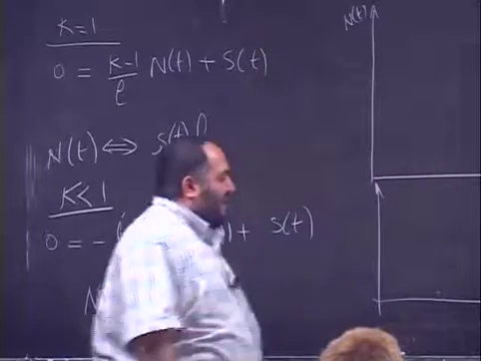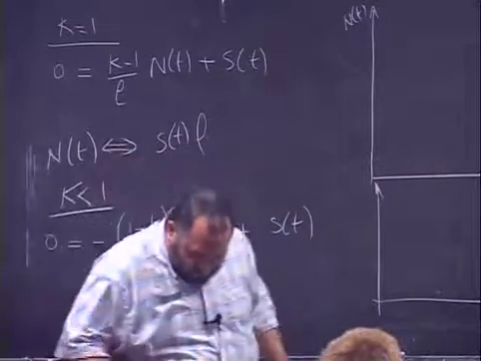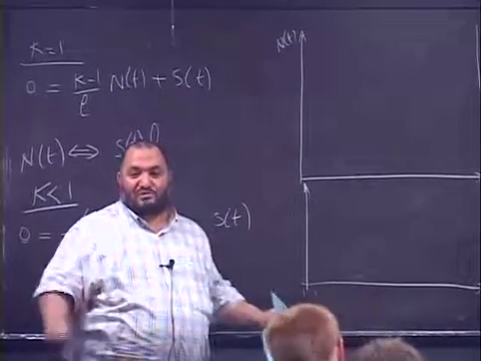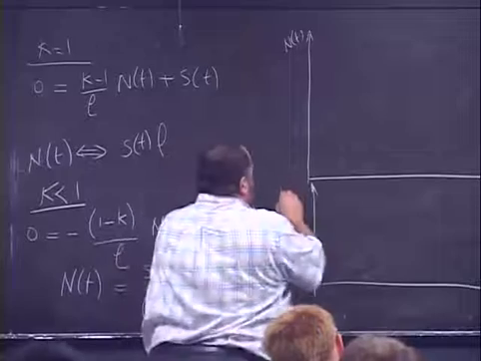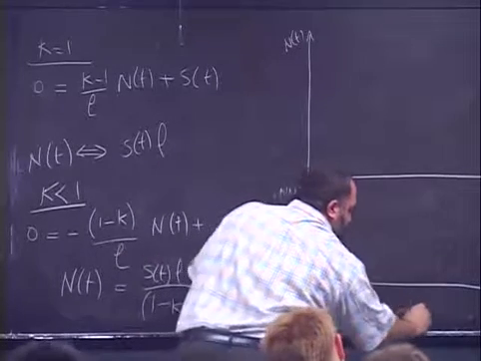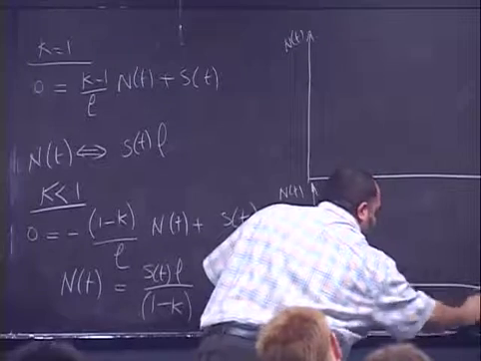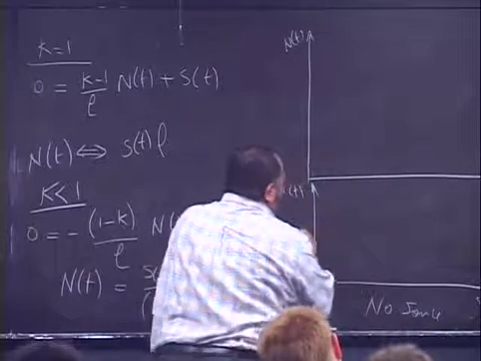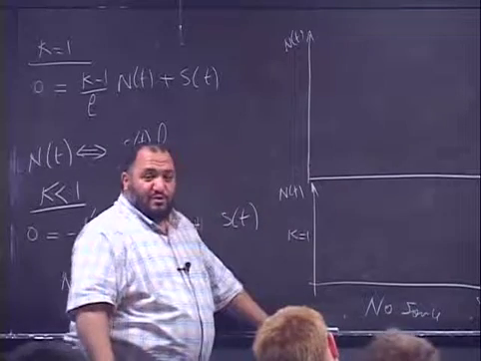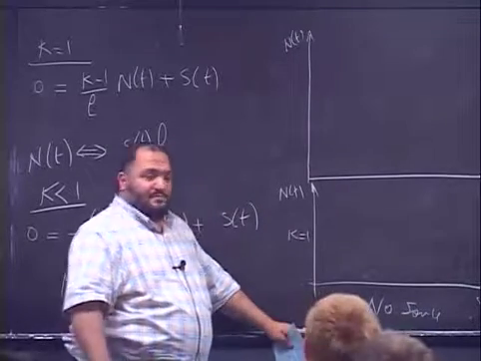If you have a nuclear reactor without an external source, this is n of t, here no source, and this is the time. If I have k equal to 1, what do you expect the neutron population will be? A straight line.